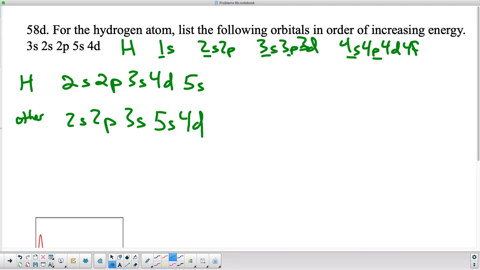I know that because if I look on a periodic table, Rb and Sr come before Y. Y is in the 4d, and Rb and Sr are in the 5s. So that's the only change that would happen if it were other than hydrogen. But hydrogen goes directly by the big number. We simply count up from the big number.